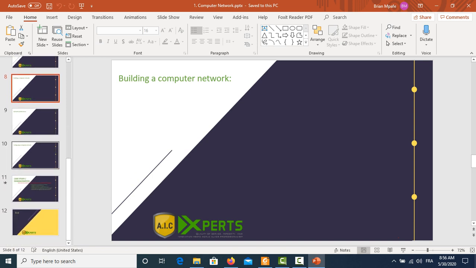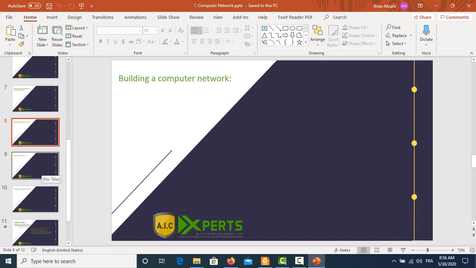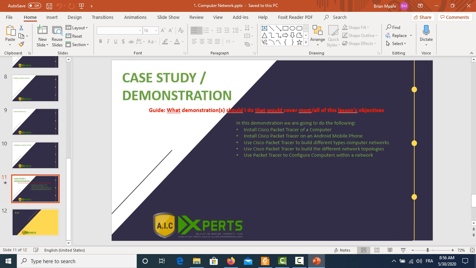Now, the next thing I want to talk about is, after dividing my slides into the various objectives, I moved on to a last slide which has a case study or demonstration. On this slide, what I really asked myself, my guiding principle, was what demonstrations should I do that would cover most or all of the lesson's objectives.